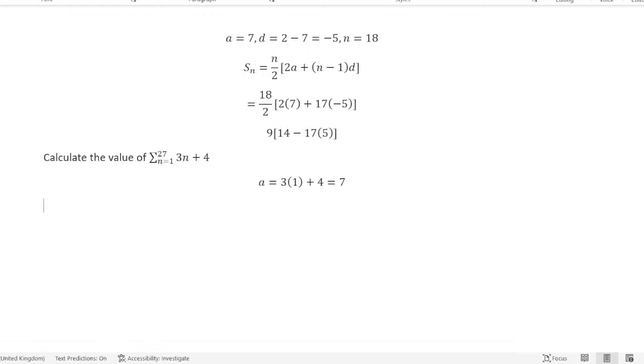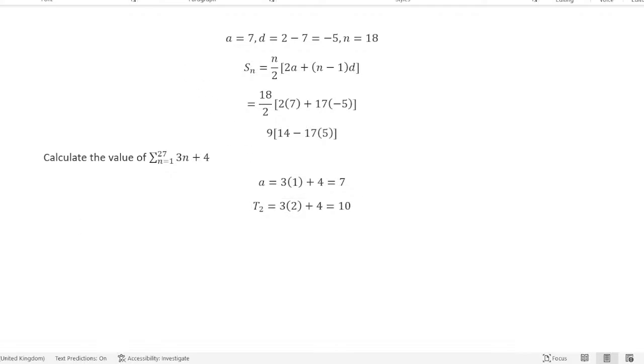Then T2 equals 3 into 2 plus 4, which equals 3 times 2, that is 6, 6 plus 4, that is 10.